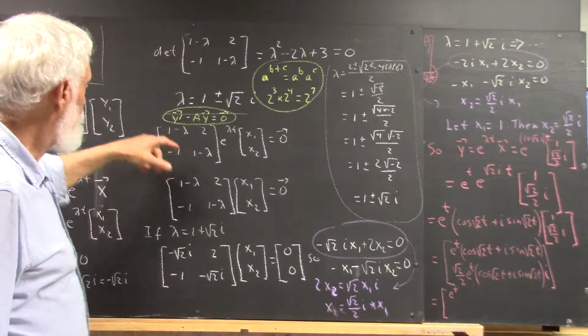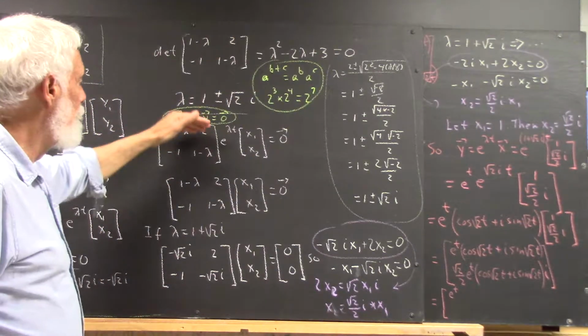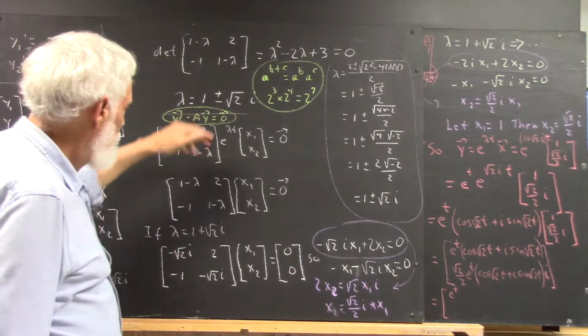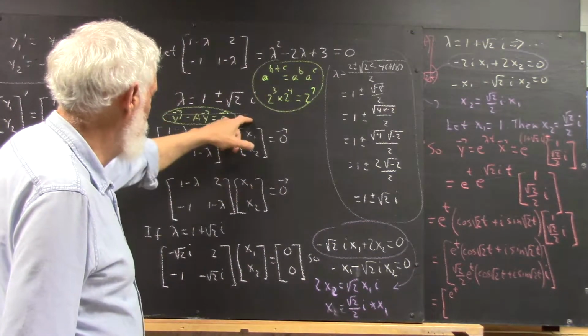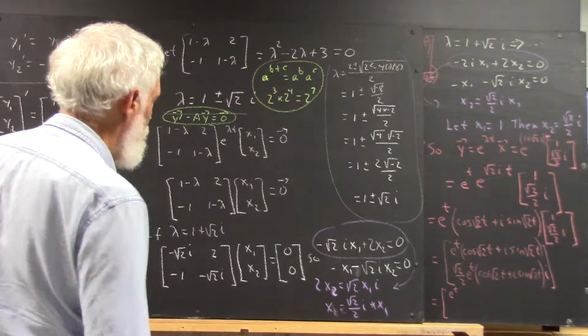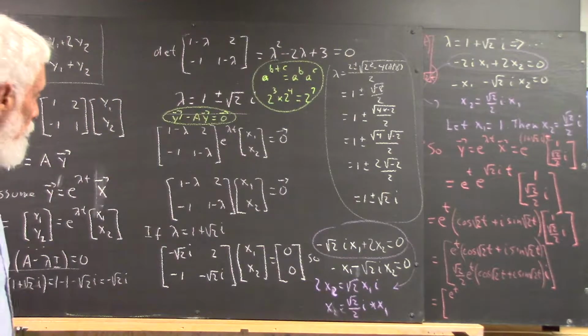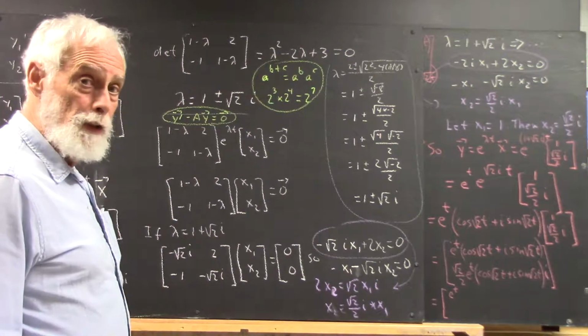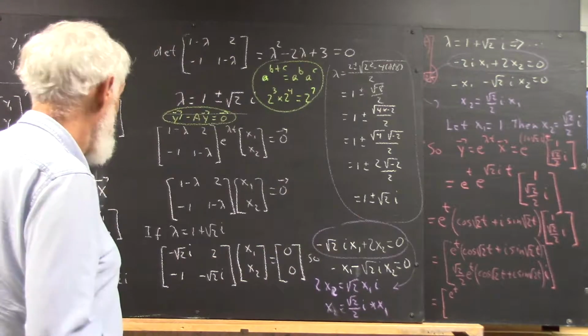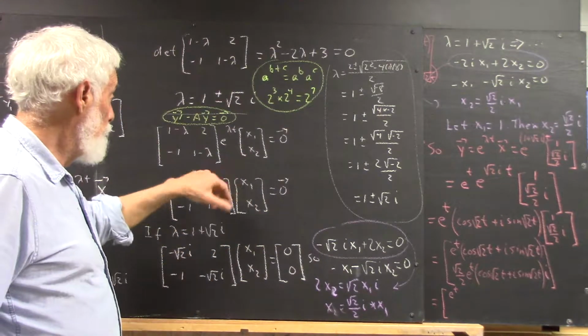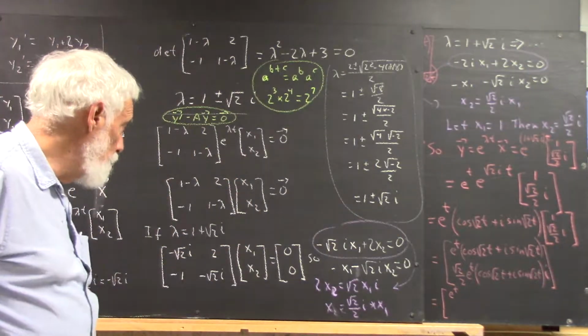So our equation becomes the matrix with 1 minus lambda, 2, negative 1, 1 minus lambda, times e to the lambda t times x1, x2 equals the 0 vector. Now the e to the lambda t is just some constant number for any value of t, so it can be factored out of the equation.